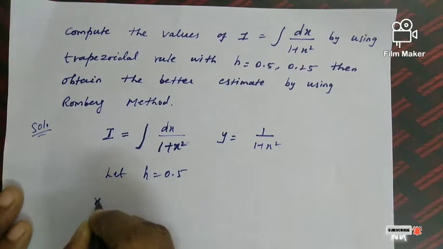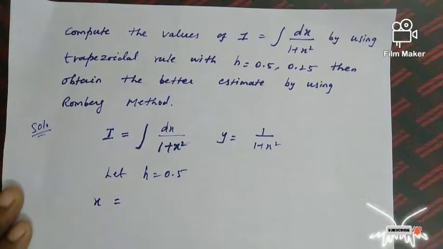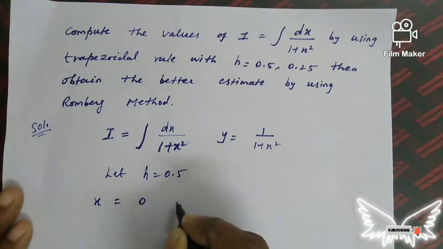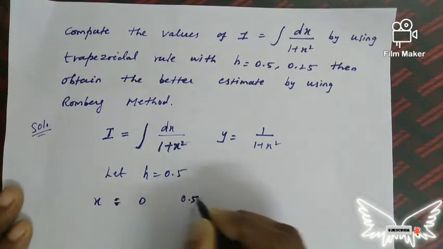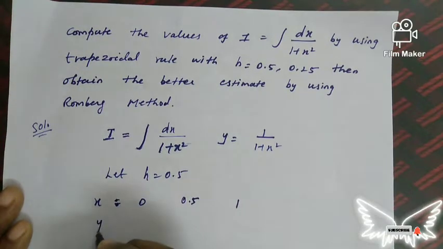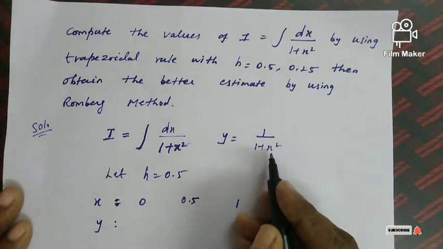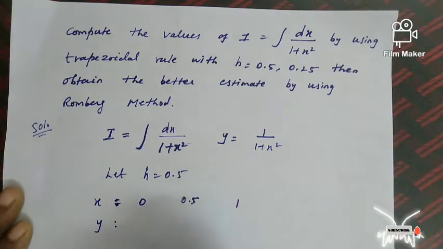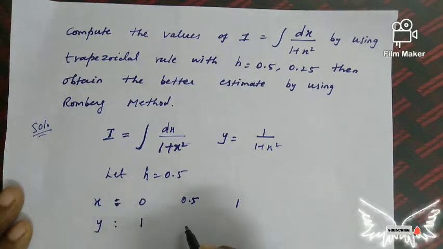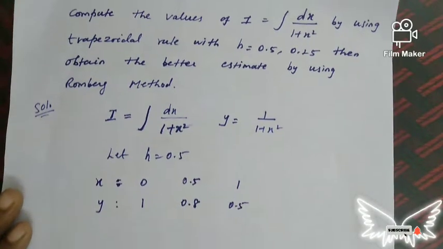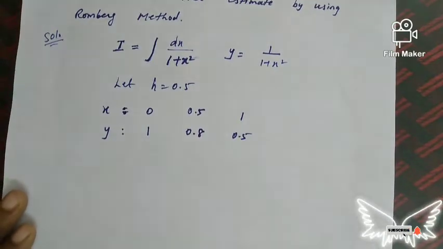So the x data are 0, 0.5 and 1. Likewise our y values, substituting x is equal to 0, we get the corresponding y values: 1, then 0.8, and the last value is 0.5. So using h is equal to 0.5, we got the x data and y data.